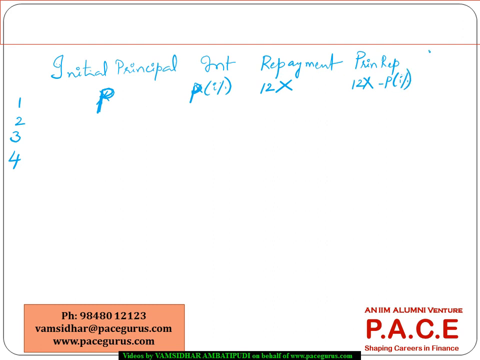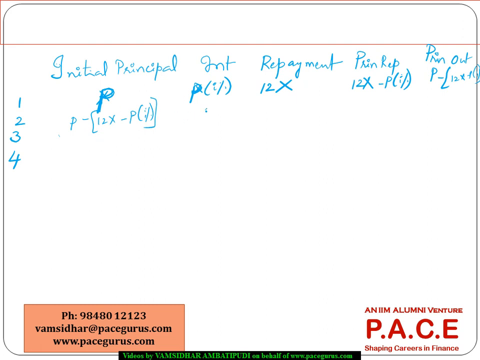So from here you can talk about the principal outstanding, which is nothing but P minus (12X minus P times I%). So this becomes the initial principal for the next period.